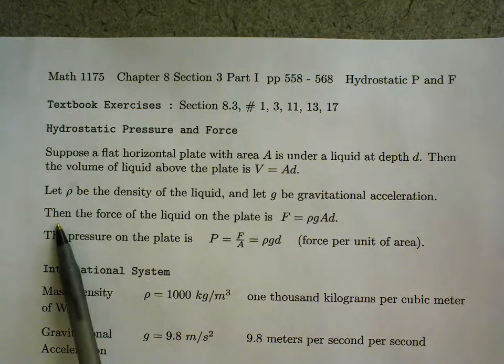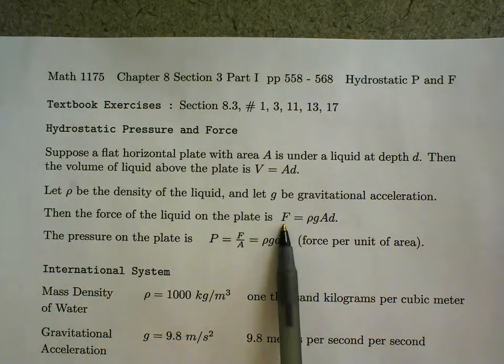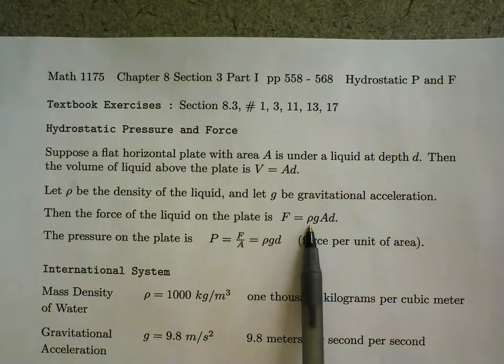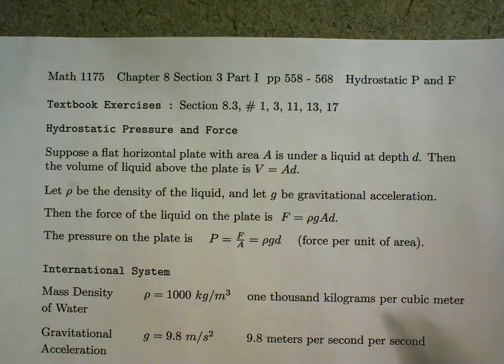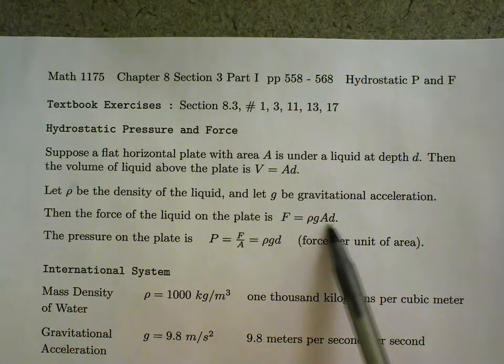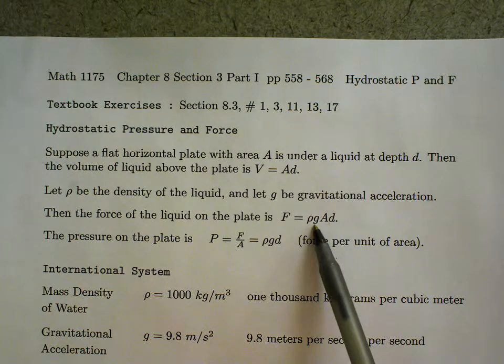Okay, so the force of the liquid on the plate is rho times G times A times D. So A times D is just the volume. Rho times the volume is the mass, and G is the gravitational acceleration.